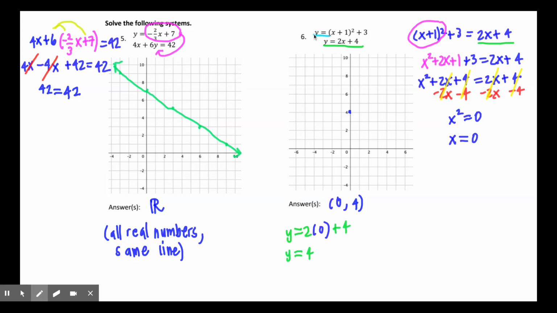And then if you graph them, this one has a vertex of (-1, 3), and then it has this point, this point. So here is this parabola. And this line has a y-intercept of 4 and then a slope of 2.